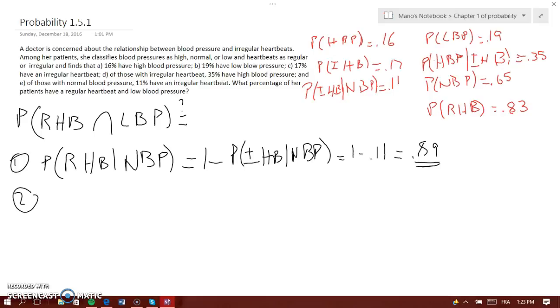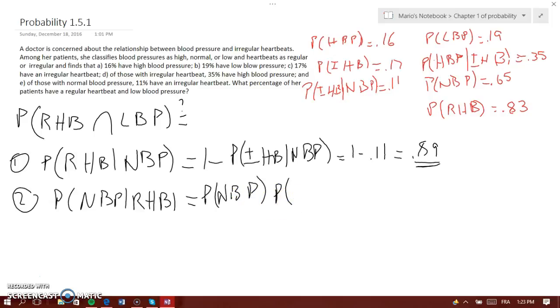Remember the multiplication formula, it would equal to the probability of normal blood pressure times the probability of regular heartbeat given normal blood pressure, over probability of regular heartbeat.